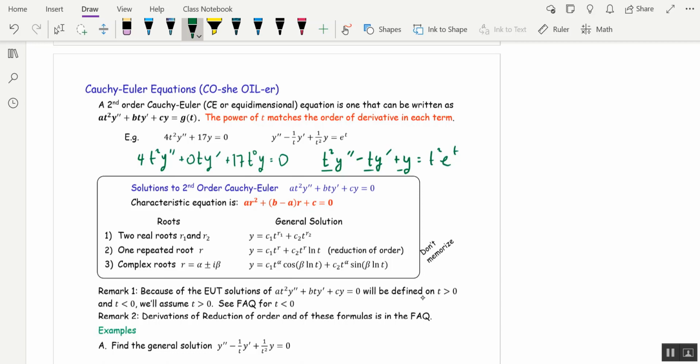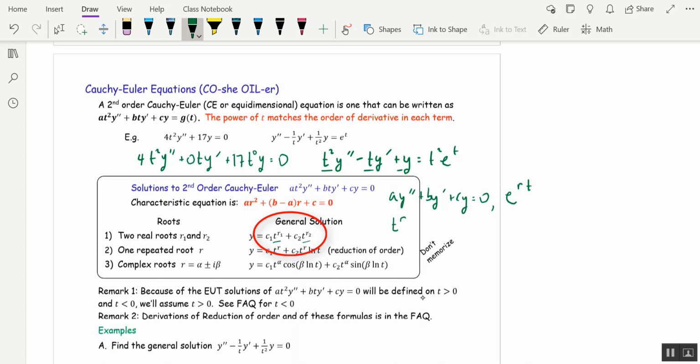Just want to point out, before, when we were solving a y double prime plus b y prime plus c y equals 0, and we had solutions that looked like e to the rt, where r was a solution of the characteristic equation. Now we have a different characteristic equation, and our solutions don't look like e to the rt, they look like t to the r.